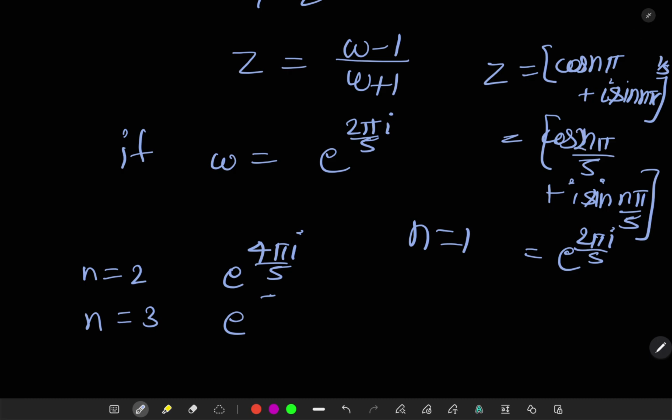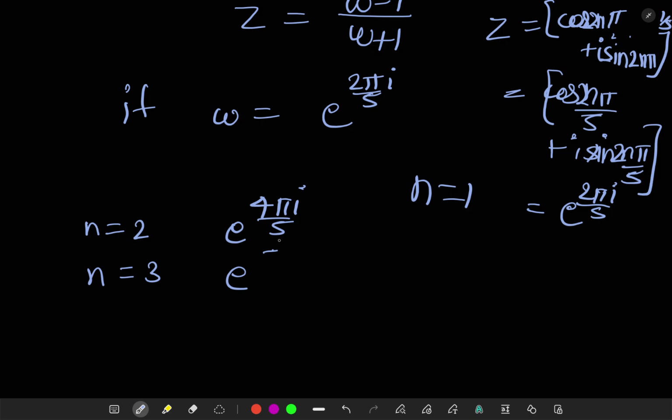for this is 2 n pi, and this is iota sin 2 n pi. So this become this. For putting the value of n equals to 1, we get this, and let this is omega, which is any one of the 5 roots.